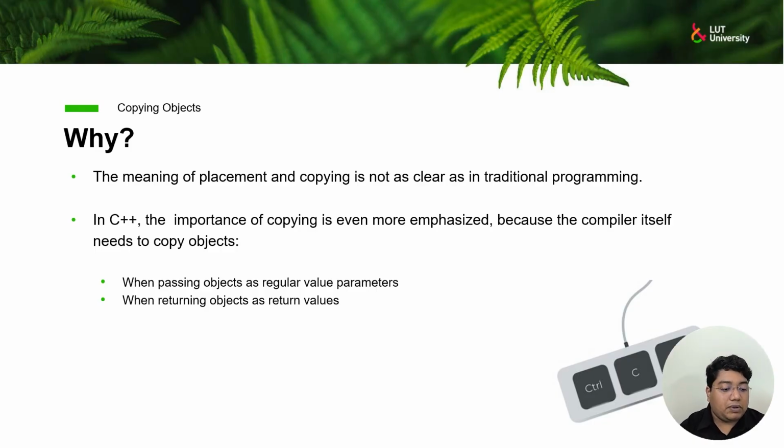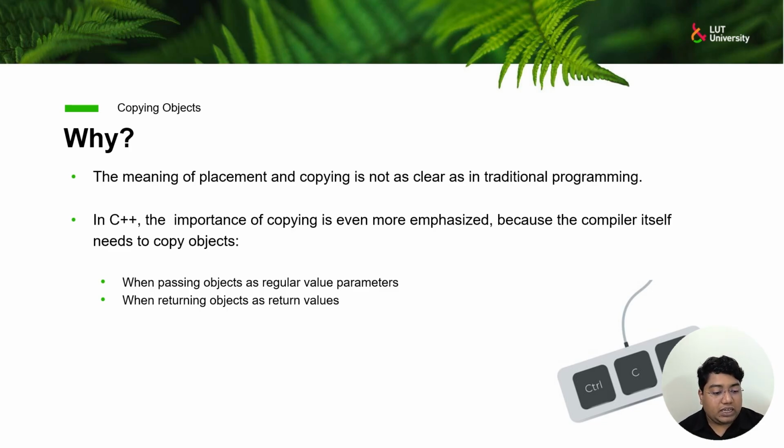One common example is passing an object by value to a function. The compiler creates a copy, then it passes that exact copy to the function where it starts executing. Another example is returning an object by value from a function. Again, copying may be involved.